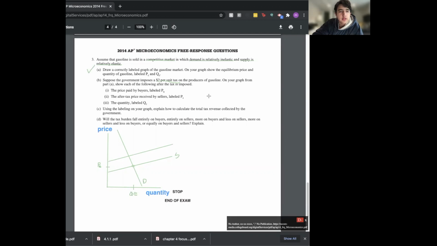And that means that the new price where the buyers have to buy the gasoline is up here. And we can label that PB.